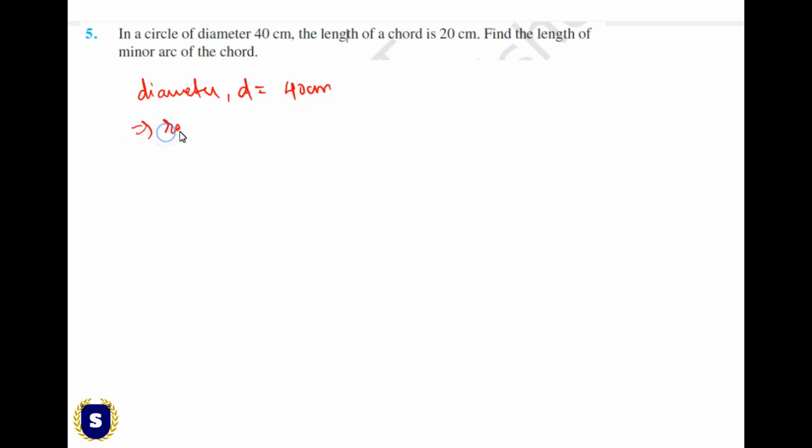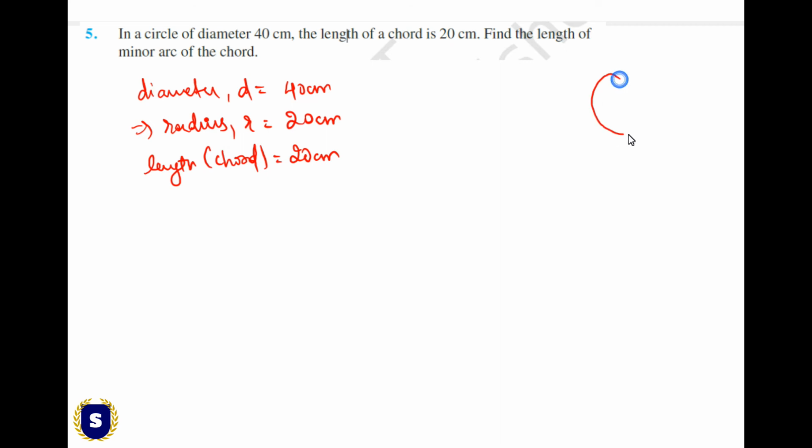This implies the radius of the circle will become half of it, right? That is 20 centimeter. And the length of the chord given to us is also 20 centimeter.